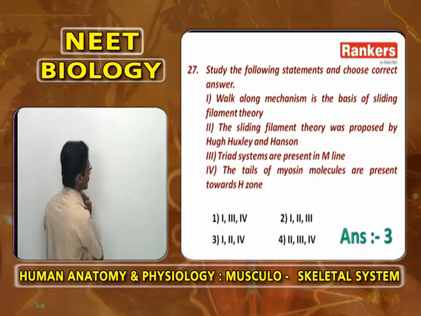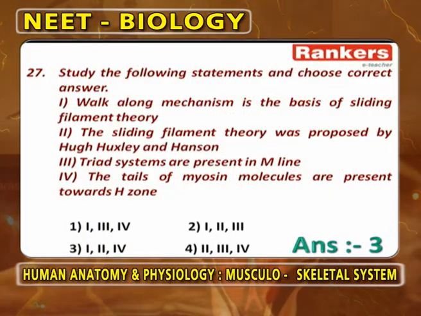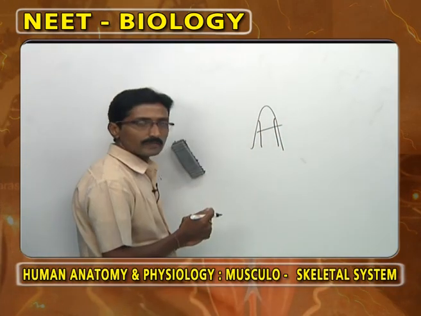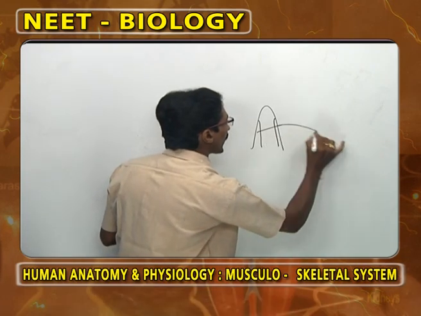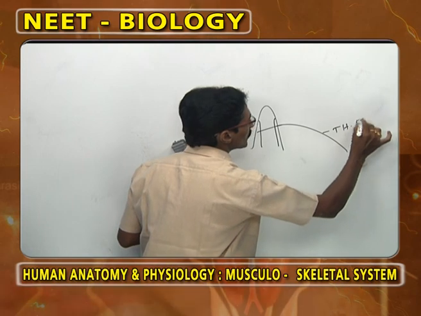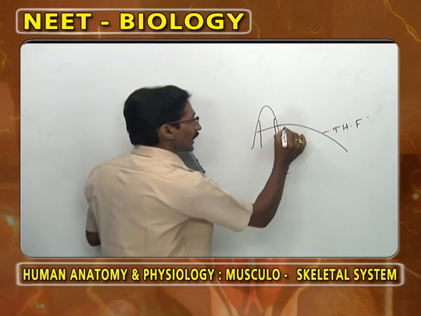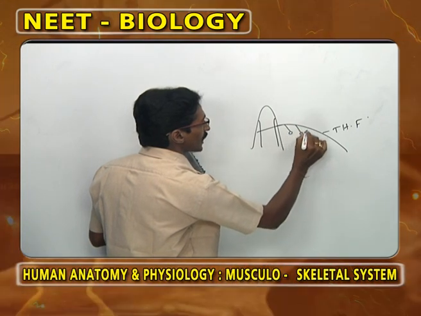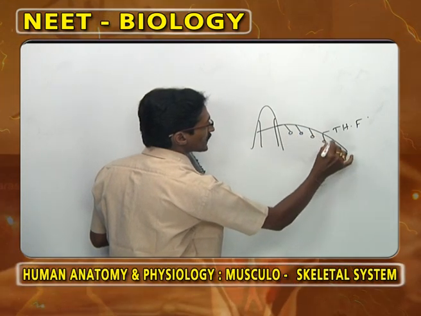Now this one we call the A band. In the center of the A band, what is present? H. Now from the A band, what will arise? The thick filament. Along the length of the thick filament, the myosin molecules are present.